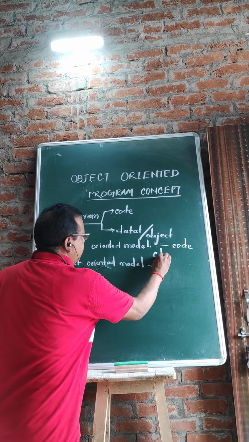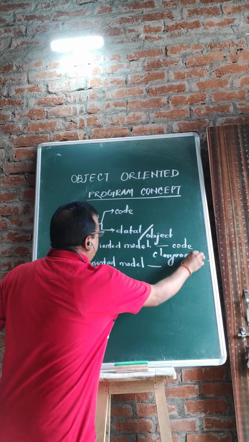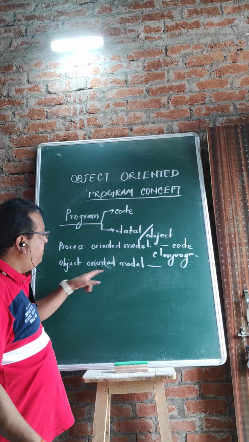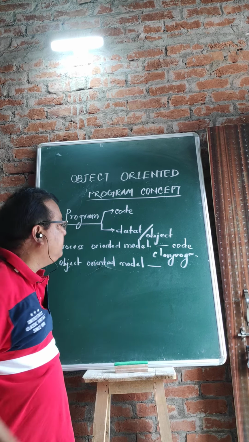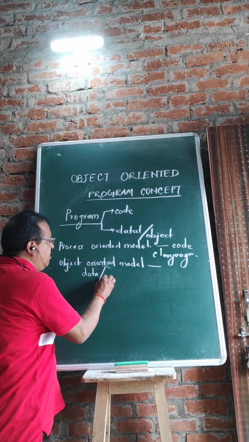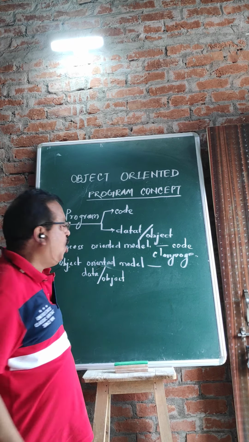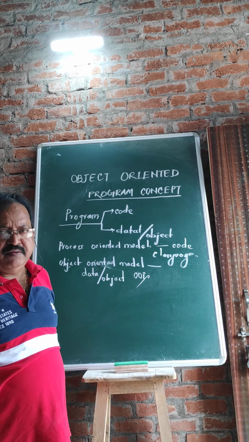Example, C language. So C language is an example of process-oriented model. Now, object-oriented models are conceptually organized around their data or object. Hence, they are called an object-oriented model or OOPS, object-oriented programming language.